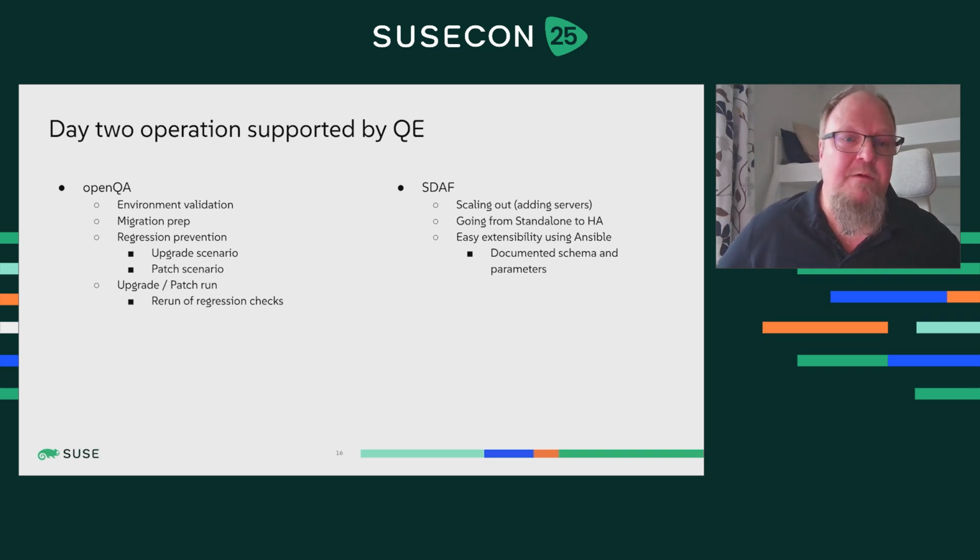So that's one of the capabilities that we have in SDAF. You can just change two parameter files in your Terraform configuration, rerun the deployment, and it'll add the secondary nodes for the central services and also for the database. And then by running the Ansible playbooks, it'll configure them from being standalone to being highly available.